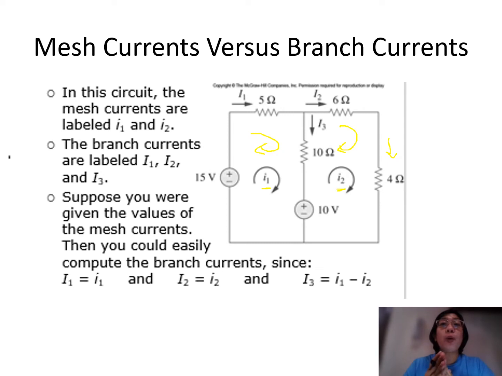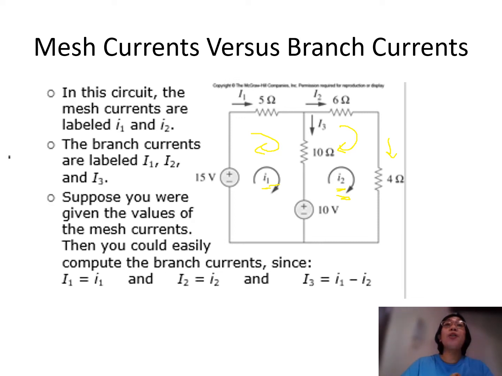However, when we make use of mesh analysis, we only have 2 mesh currents. Therefore, we only need 2 equations to solve for these 2 mesh currents. Now, suppose you are already given the values of the mesh currents I1 and I2, we can easily solve for the branch currents.